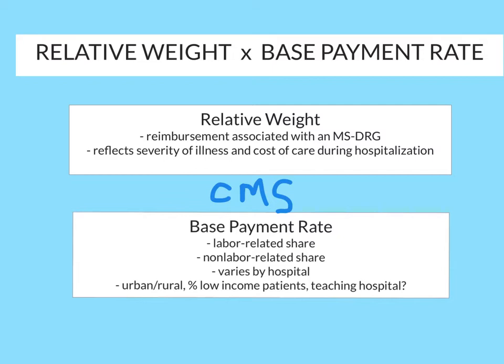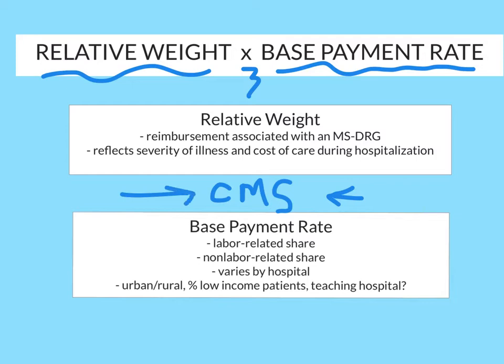To calculate how much money the hospital gets paid for a patient's hospital stay, we need to multiply the MSDRG's relative weight times the base payment rate for the hospital. Both of these are calculated and updated annually by CMS, Center for Medicare and Medicaid Services.